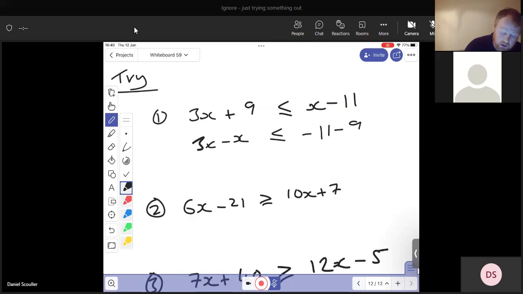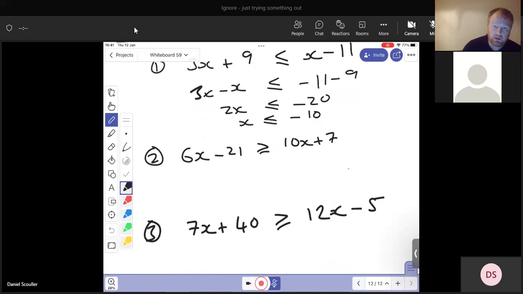So 3x minus x will be 2x. That'll become minus 20. Minus 20 divided by 2. x less than or equal to minus 10.